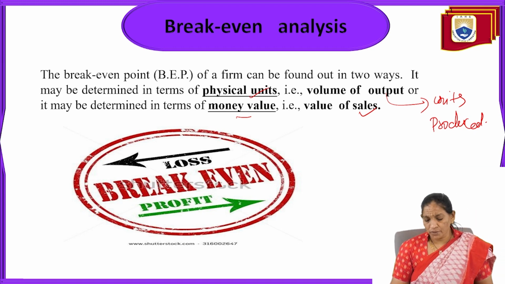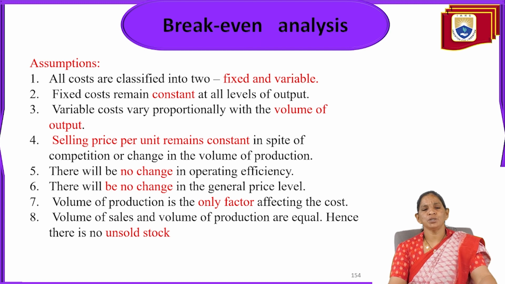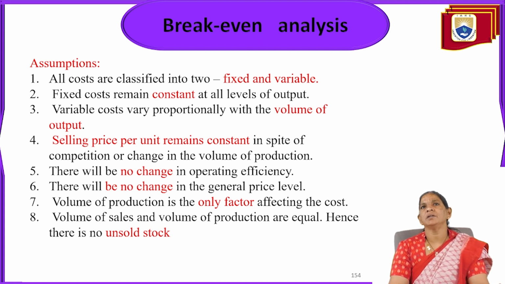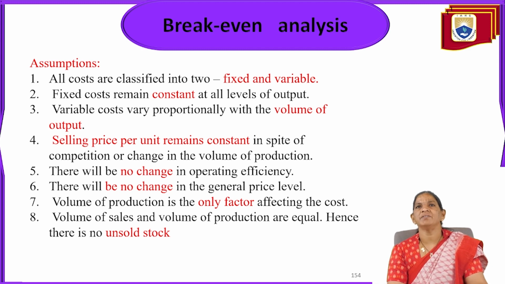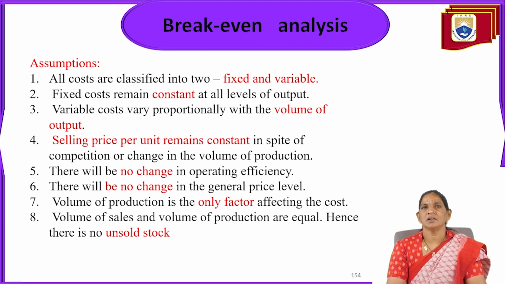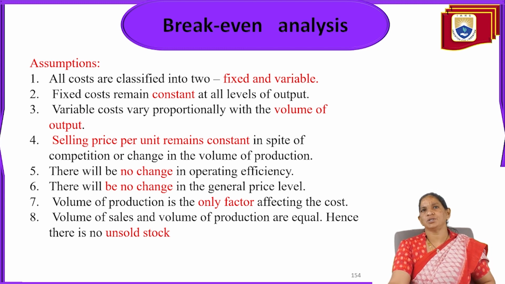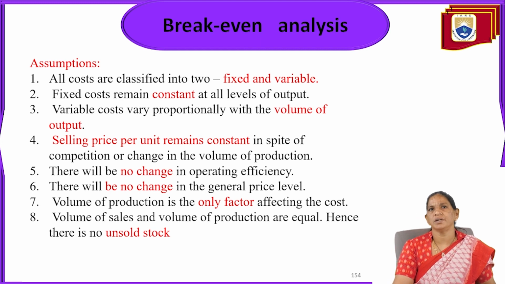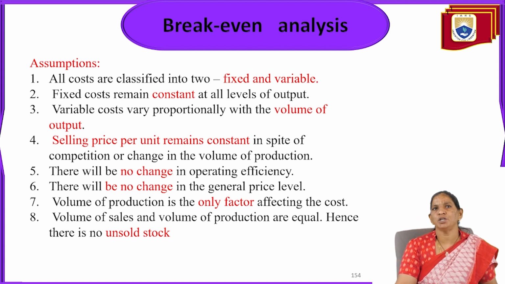So what are the main assumptions or constancies required in order to achieve this break even analysis? First of all, we'll see the different assumptions we have in case of break even analysis. In this analysis, within the organization we have different types of costs based upon managerial use.